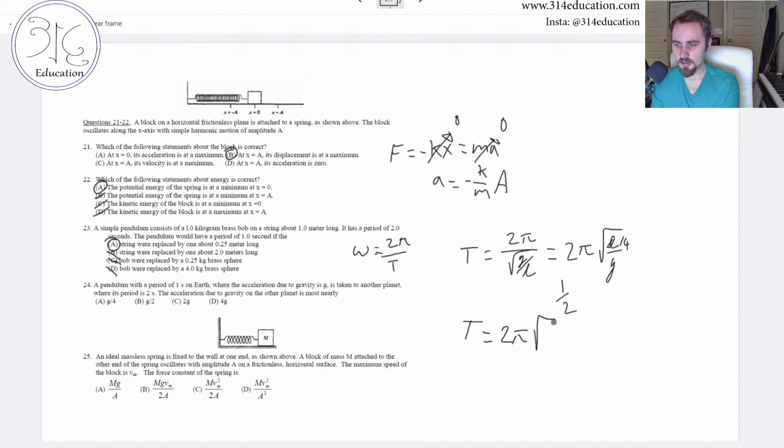From 2 pi is equal to root L over G. So if our period doubles, we expect this to get smaller.